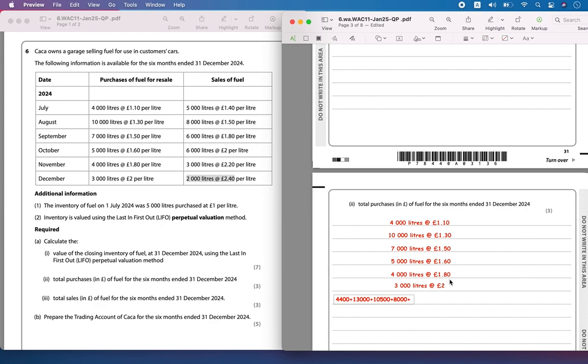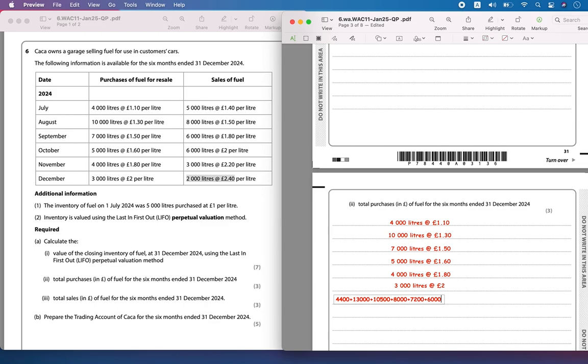Plus 4,000 times 1.80, which gives 7,200, plus 3,000 times 2, which is 6,000.